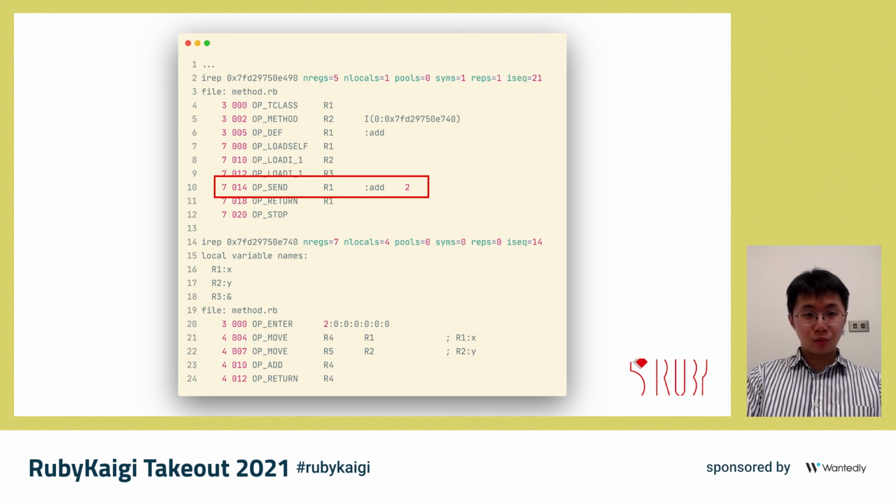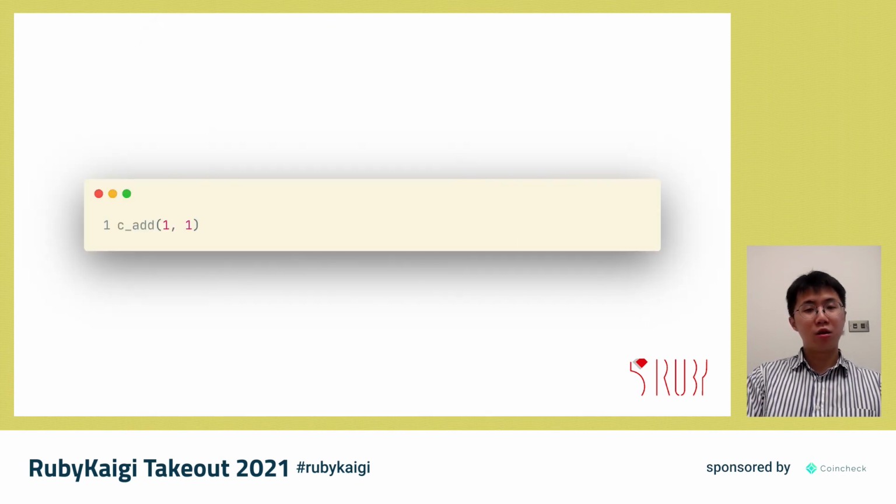But to implement this feature, we spent a lot of time, so I will skip this part and go to the next part, which is how to define a C method. This is very easy in this case. I create another method in C, called add.